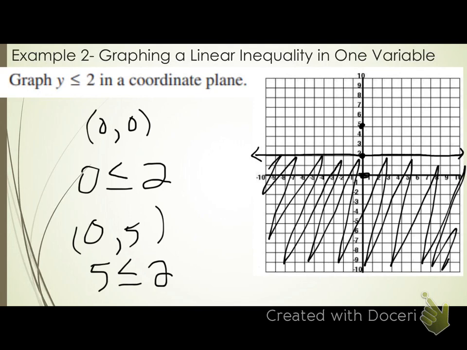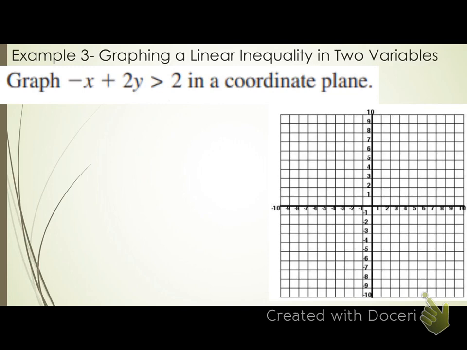Less than or equal to. Less than tells me that y is less than my line, so I'm shading below it. If that was y is greater than or equal to 2, that'd be y is greater than my line, so I'd shade above it. Does that make sense? That's how I shade. So there's two ways right there. Questions on example 2? No. Can I move on? Yes. Sweet.